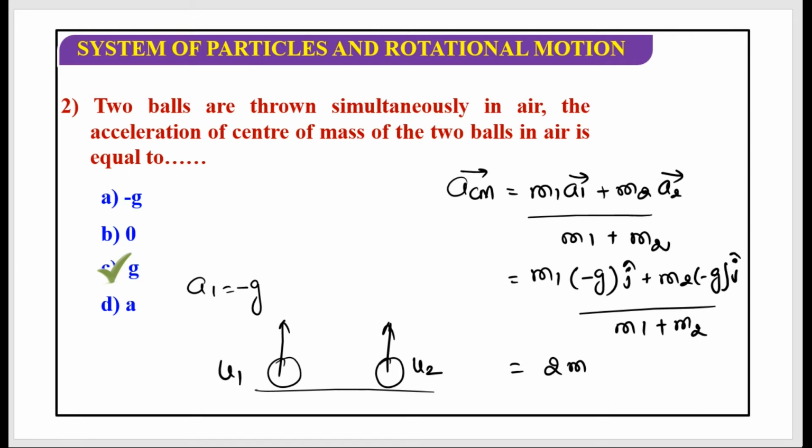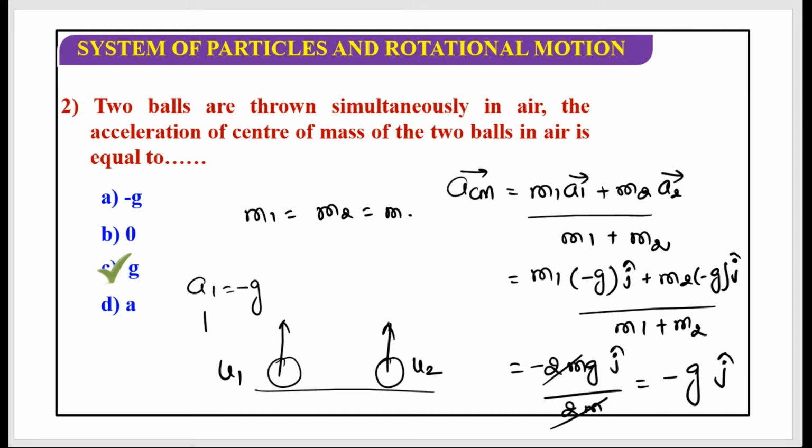Let's say if m1 equals m2 equals m, then minus 2mg j cap divided by 2m. The 2m has gone and this equals minus g j cap.